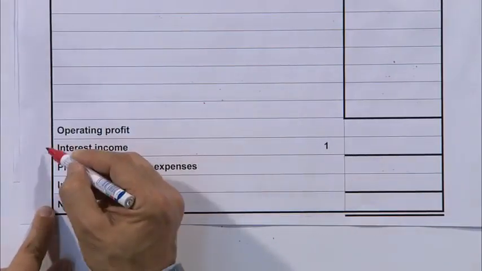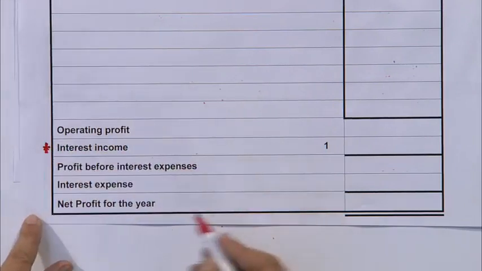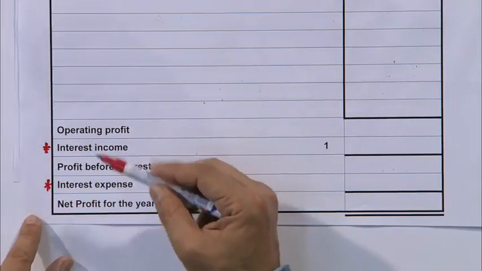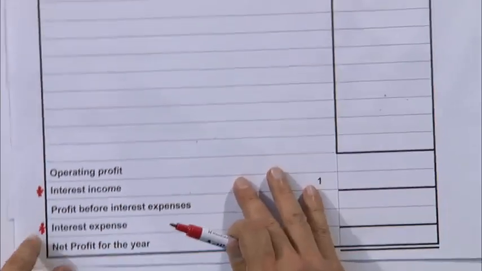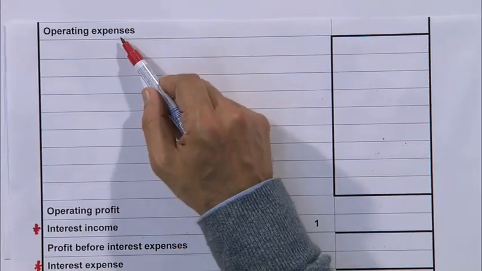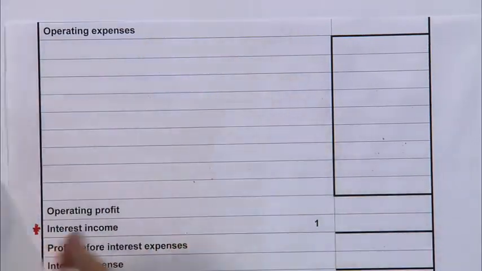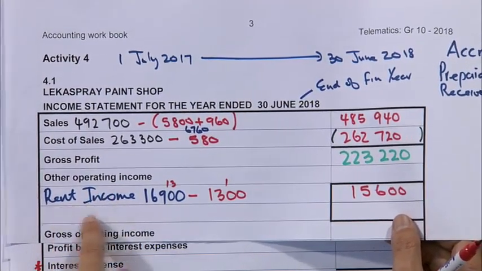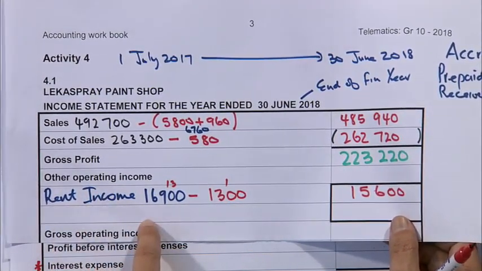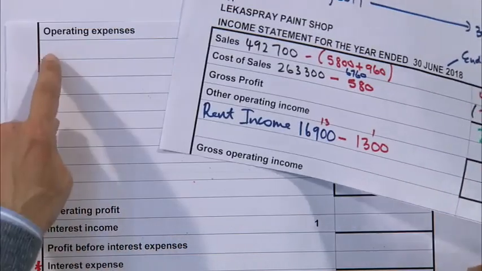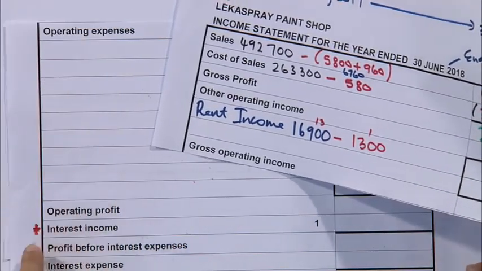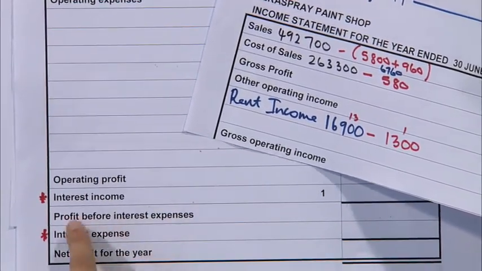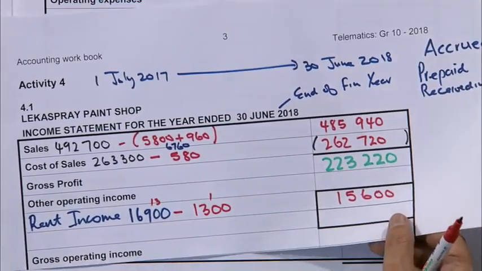Because it's interest, you always have to show the interest and not part of the normal operating expenses or part of the normal operating income. There are separate lines at the bottom part of the income statement for interest income and interest expense.